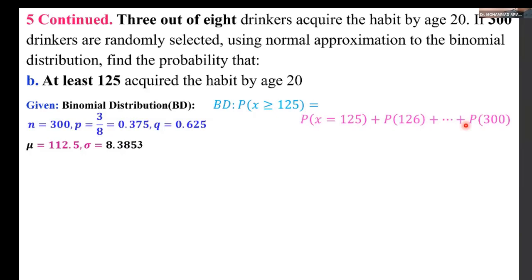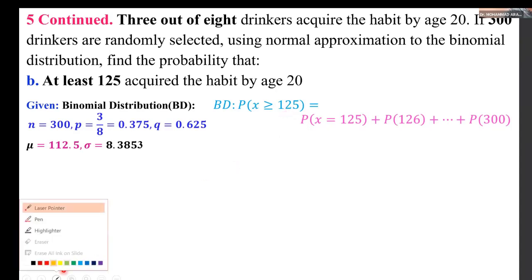They did it by approximating by the normal distribution. Now, we are going to use a 0.5 continuity correction factor, which means for this number, either we have to go to 125.5 or 124.5. I'm going to put both numbers and we're going to discuss that.